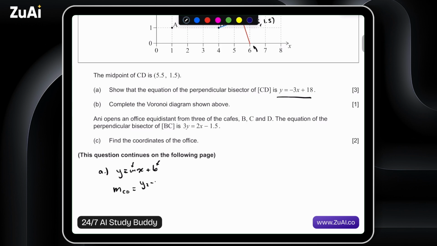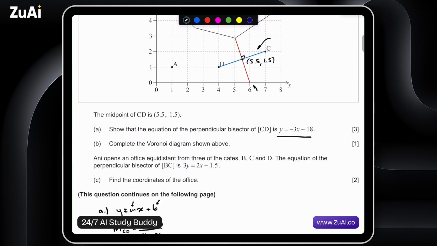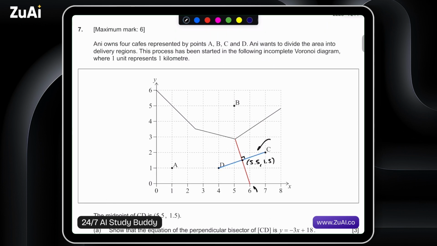It's y2 minus y1 over x2 minus x1. And so we know point C right here is 7, 2, and we know point D is 4, 1. And if we want, we can call these x1, y1, just to simplify things, and we can call this x2, y2.